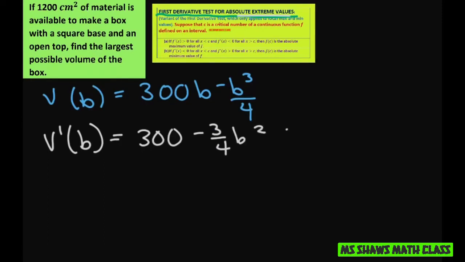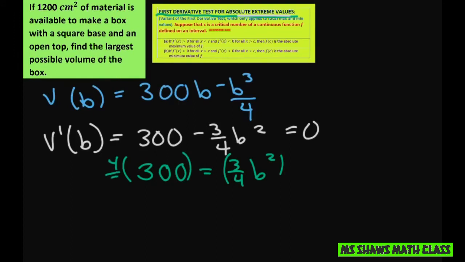You set this to 0, and you're going to get 300 equals 3/4 B squared, and that's going to give you B, if you multiply both sides by 4/3, you're going to get B squared, and then square root it. You're going to get B equals square root of 400.